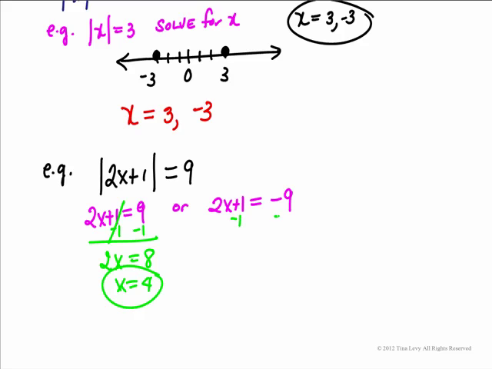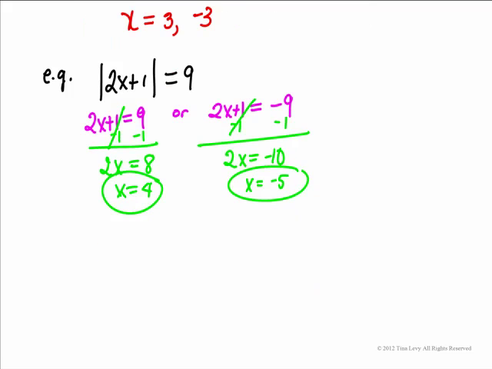Or doing the same thing here, I have 2x is negative 9 and negative 1 is negative 10. Dividing both sides by 2, I get x is negative 5. So those are the two values I could substitute in, and they would give me an absolute value of 9. So those become the two solutions for that absolute value equation.